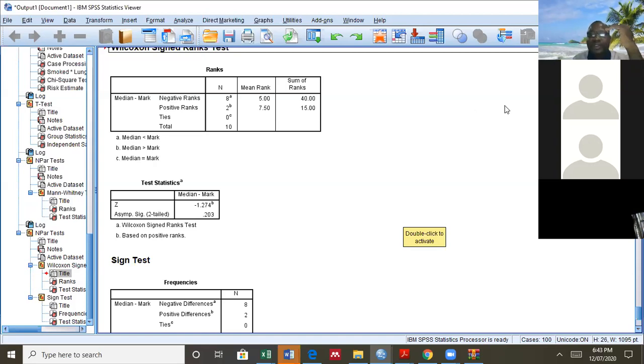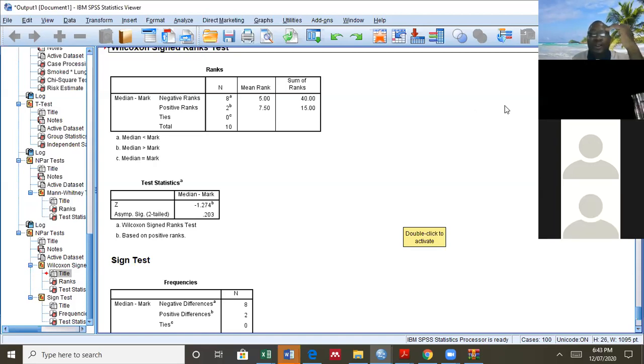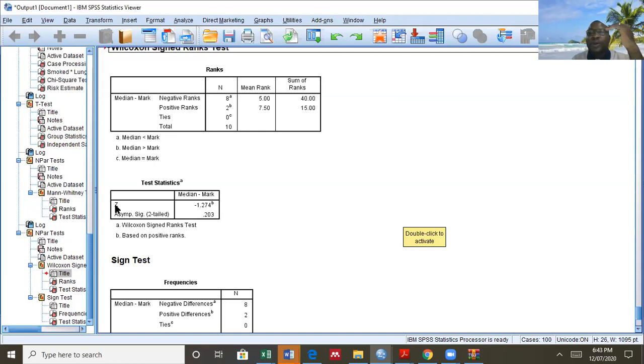But is Z the final value there? Which Z? The Z here. I don't know what you mean by the Z, sir. This is the test statistics. They gave the value for the Z and the p-value for when it's two-tailed.